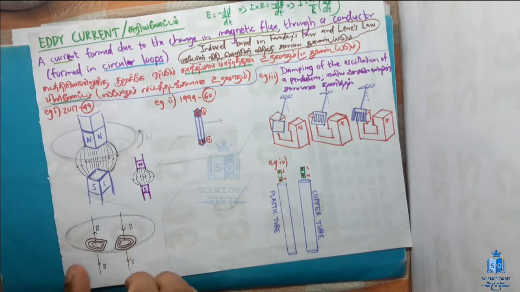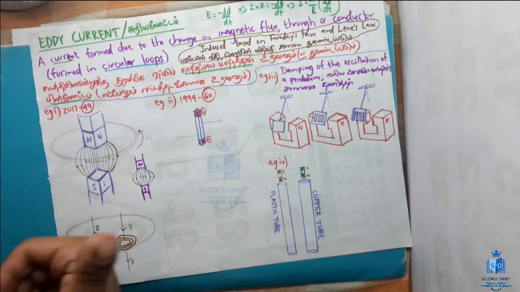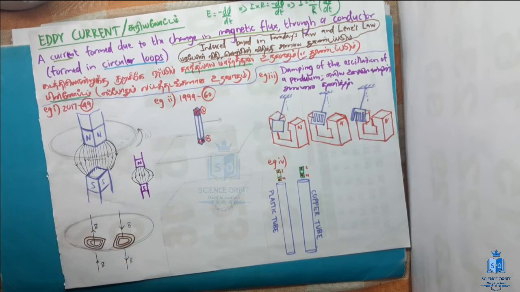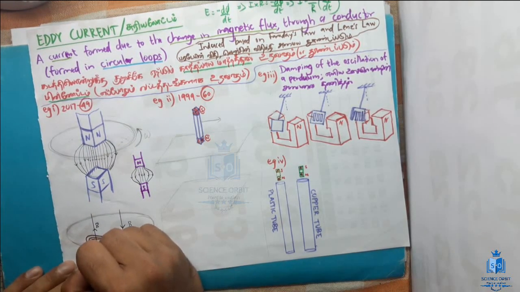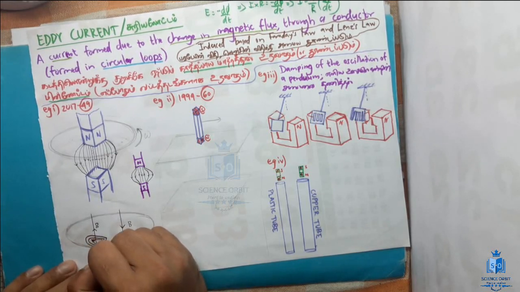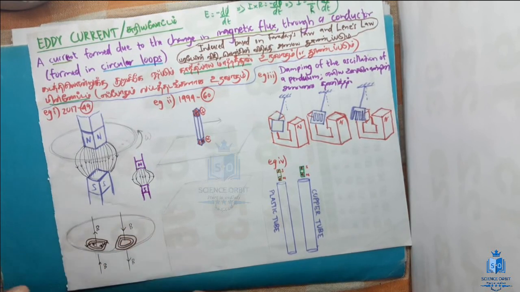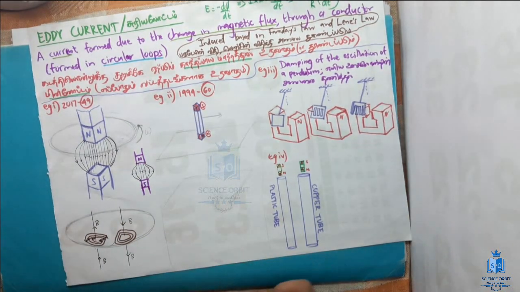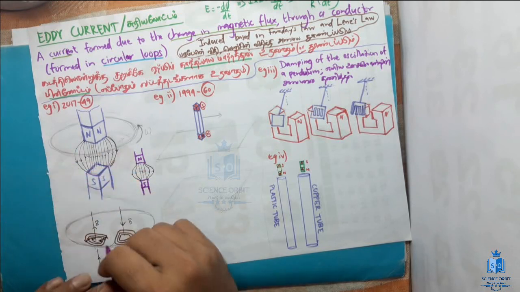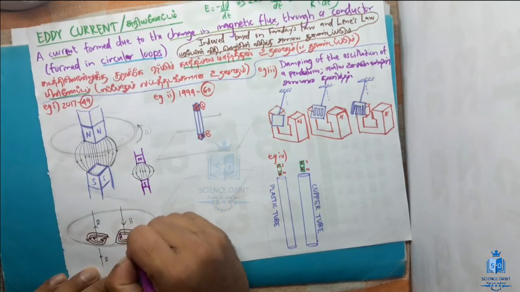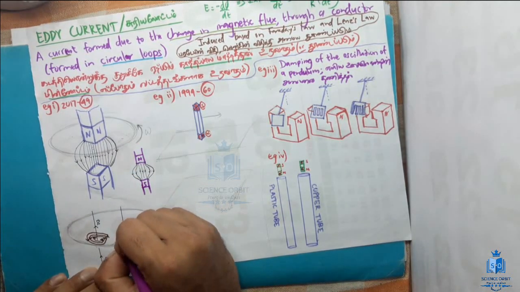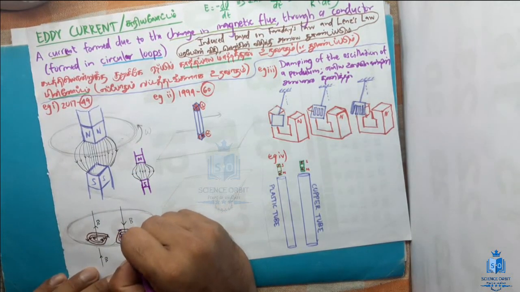So the direction you have to mark, it is upward. So in this direction, it's going to look like this. 1, 2. Got it? And in this one, it is going to be in the opposite direction. So I will mark them like this. 1, 2. 1, 2.